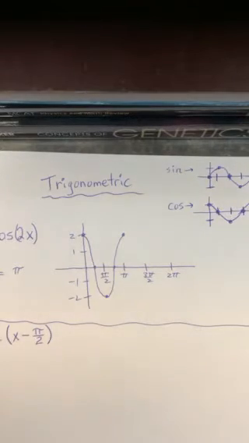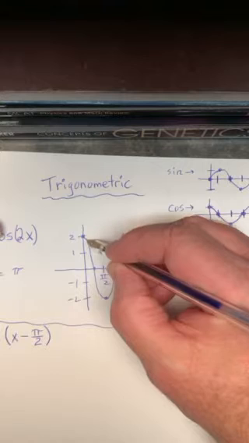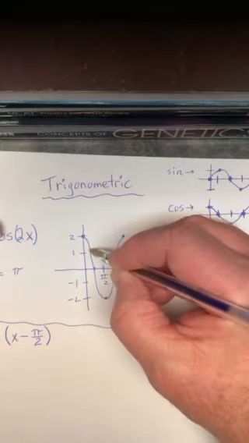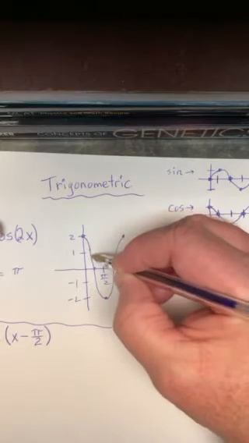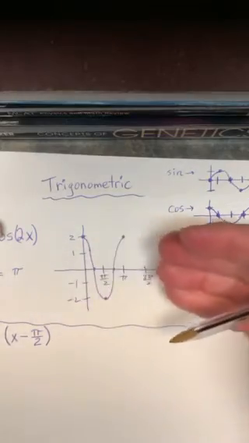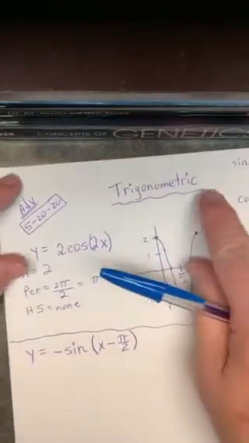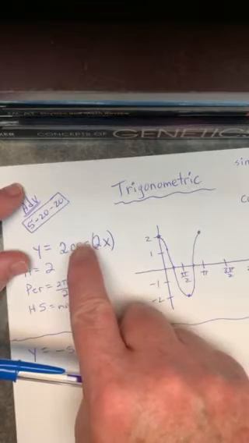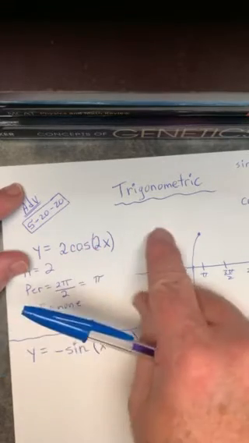Okay? So notice I could say, what's the slope of that curve right there at that spot? And slope is found by taking the derivative of a function. So yes, you will have to know how to find derivatives of trigonometric functions to find the slope.